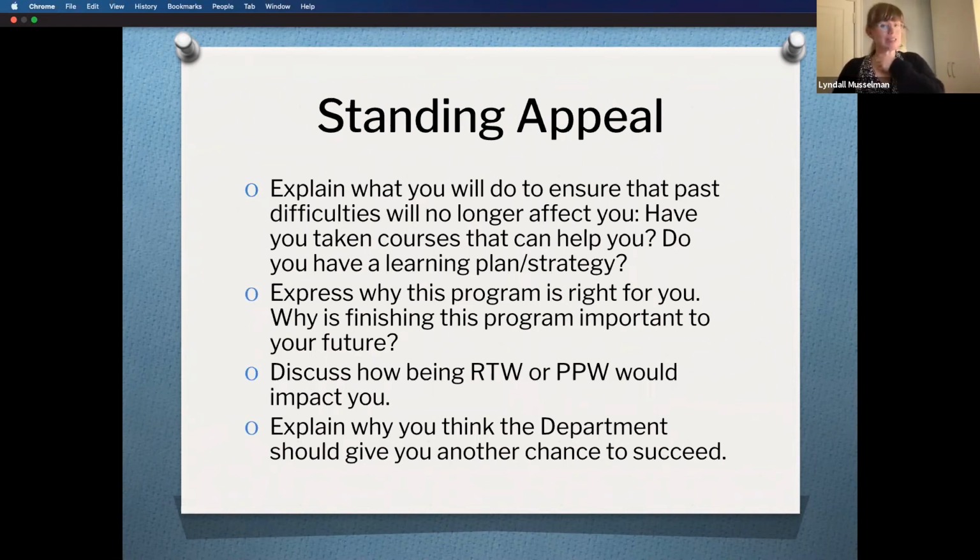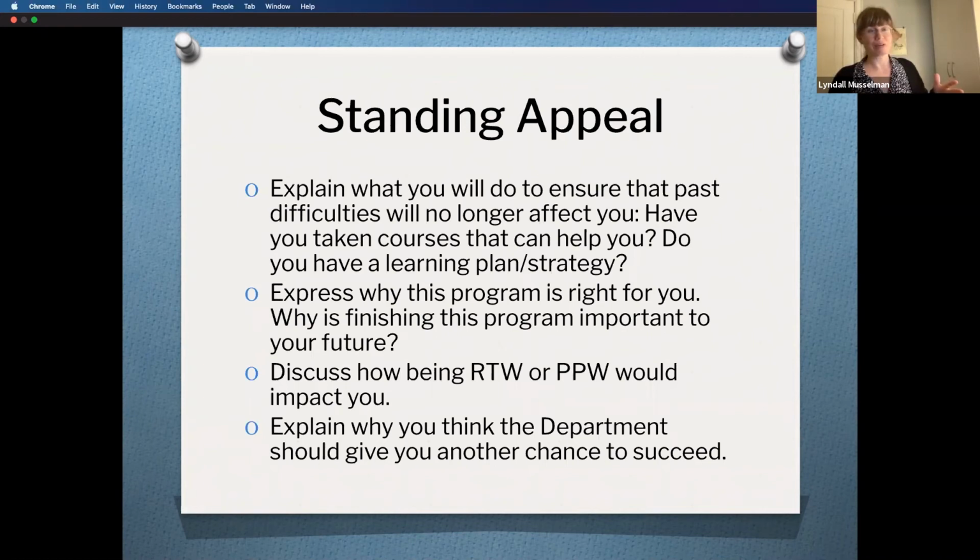And definitely, if you are in a PPW standing, permanently program withdrawn, due to failing a required course a third time, you should really talk about each attempt in that course and what happened, because it may be that you encountered certain barriers over the number of semesters that you took that course.